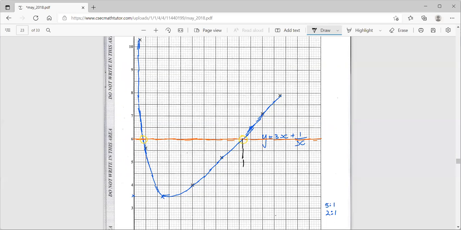So it looks like it's on the second block. I'll say it looks like it's on the first block.